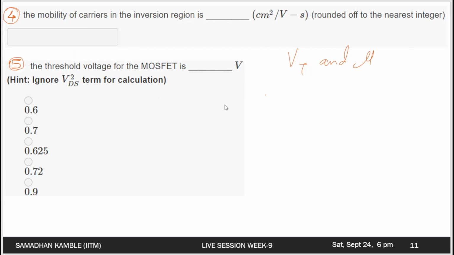So we can first simplify the relation, and we can write the value of ID as W mu n Cox over L times VGS minus VT times VDS.